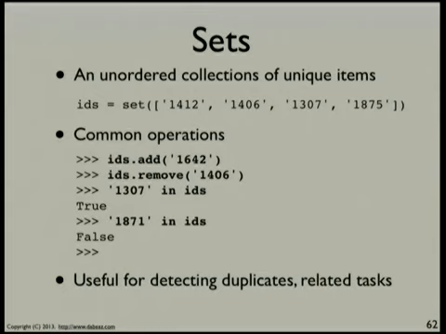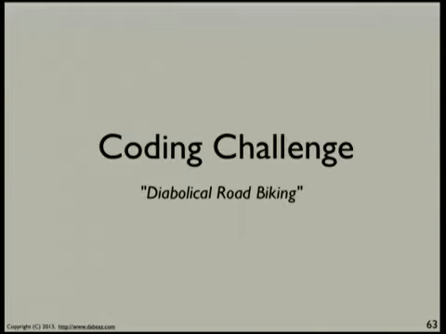A common strategy is you take items that you're looking at, throw them into a set, and then you can use the set to determine whether you've already seen one or not. You do the in operator, and it would tell you true or false, I saw it. So that's one use of those.